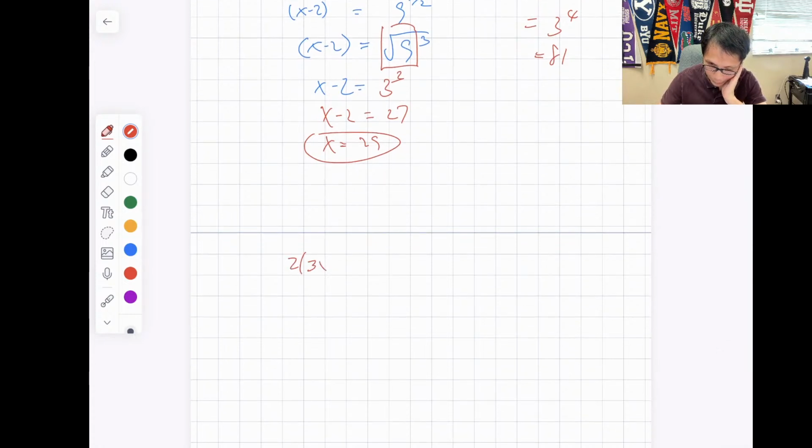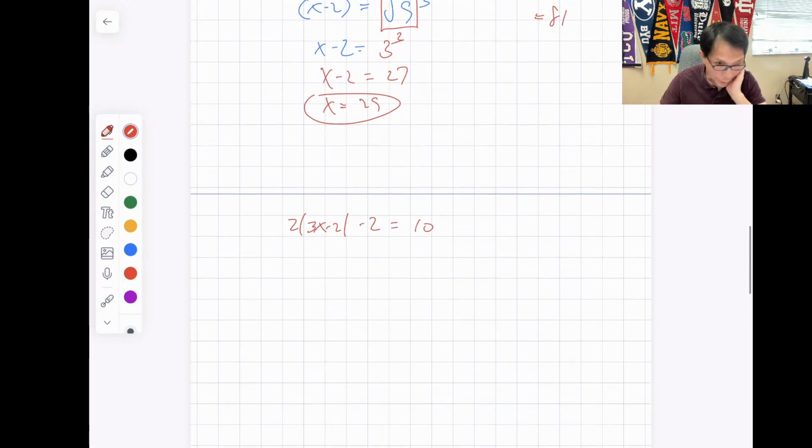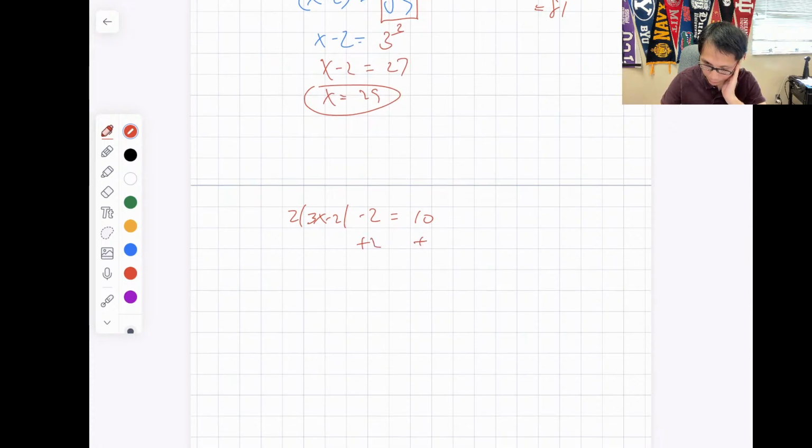2 to the 3x minus 2, minus 2 is equal to 10. Did I copy down the question right? Plus 2 plus 2. That's going to be 2 times the absolute value of 3x minus 2 equal to 12. Divided by 2 on both sides, that's going to be absolute value of 3x minus 2 equal to 6. Now listen to this. The absolute value is going to make everything positive, but it does not make the sign positive.